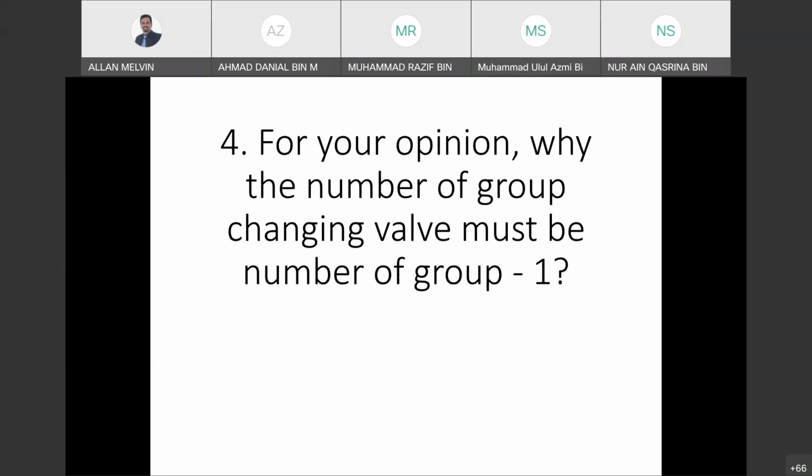I think it is because it acts as the starting valve and it is not the valve that is involved in the changing yet. Starting, meaning you did not get the keyword.